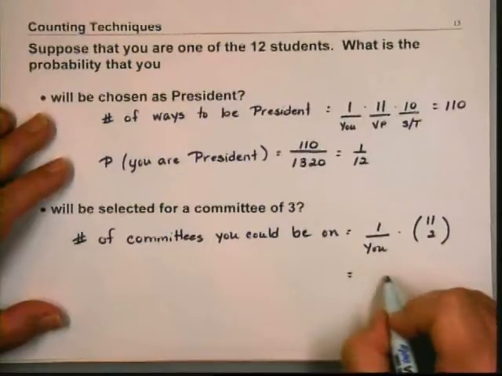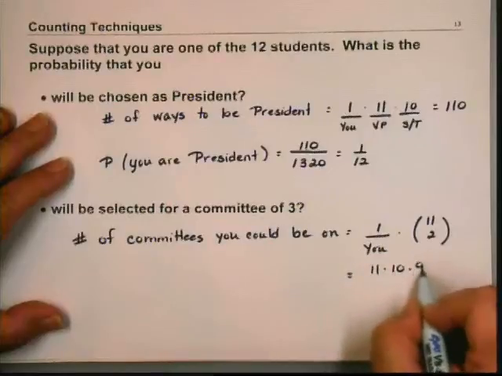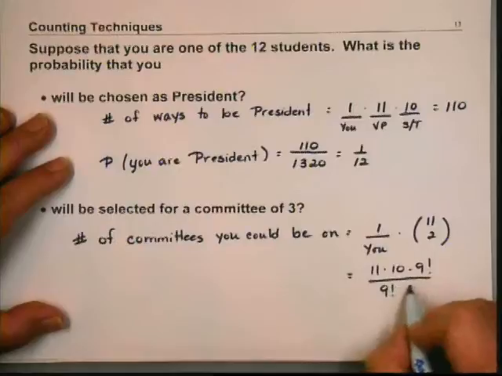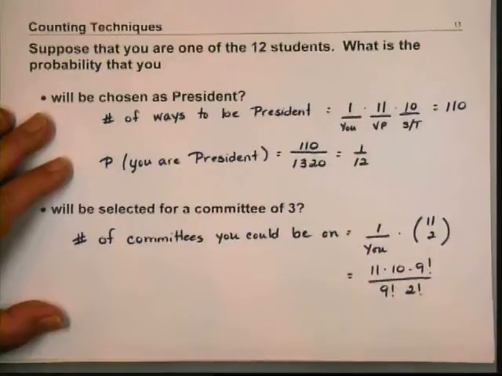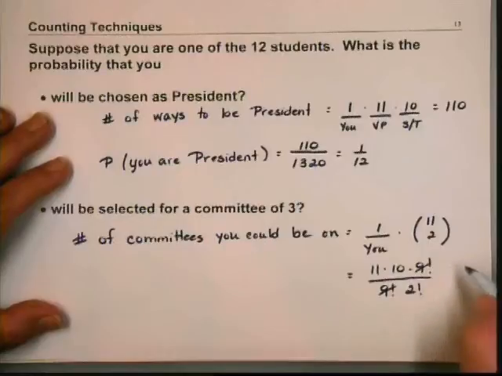All right, so 11 choose 2 would be 11 times 10 times 9 over 9 factorial divided by 2 factorial. 110 divided by 2 is 55.